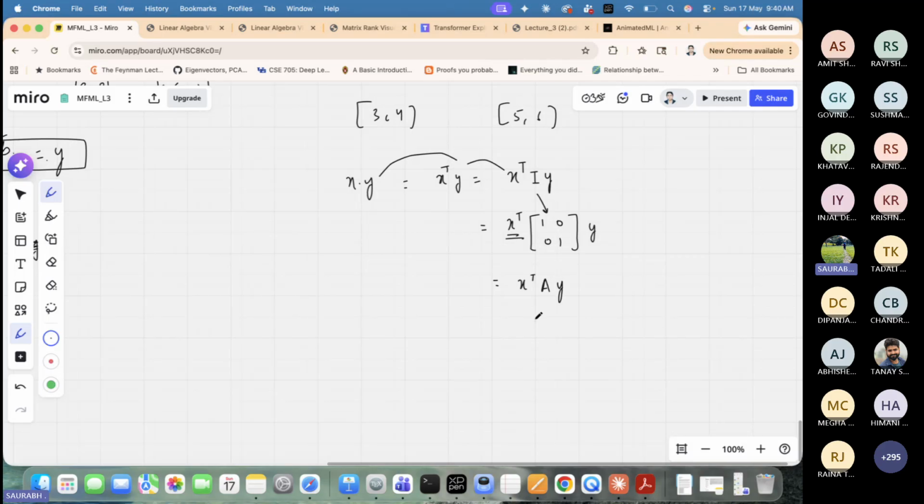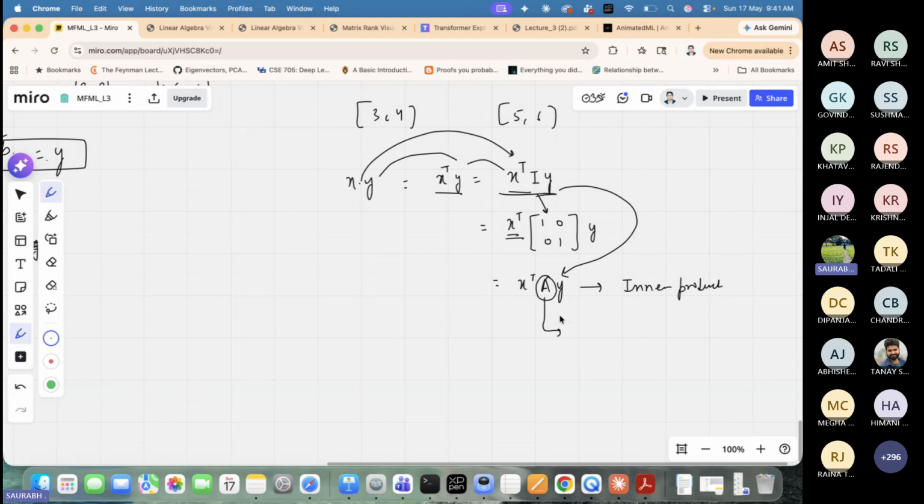This entire dot product changes to something new, which is called the inner product. And this is a generic generalization. You moved from X dot Y, or X transpose Y, to X transpose IY, to X transpose AY. And then you overlay some conditions.